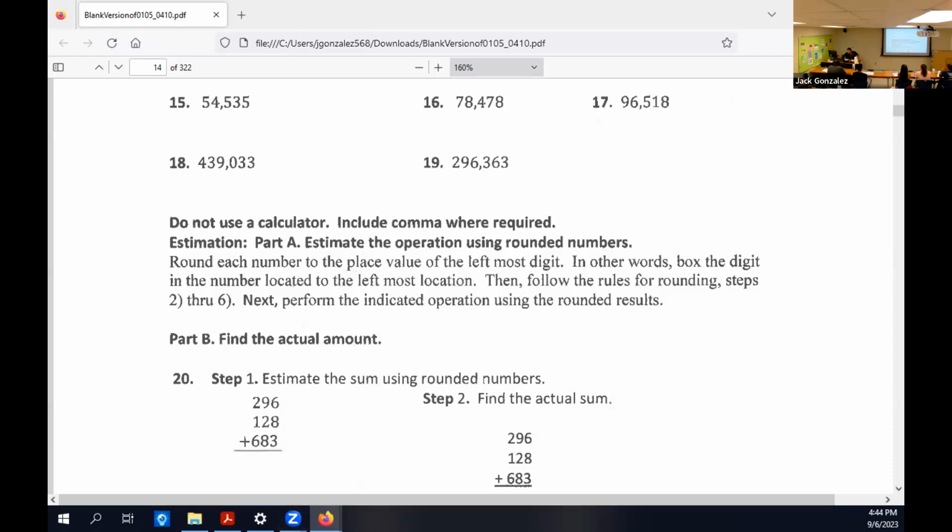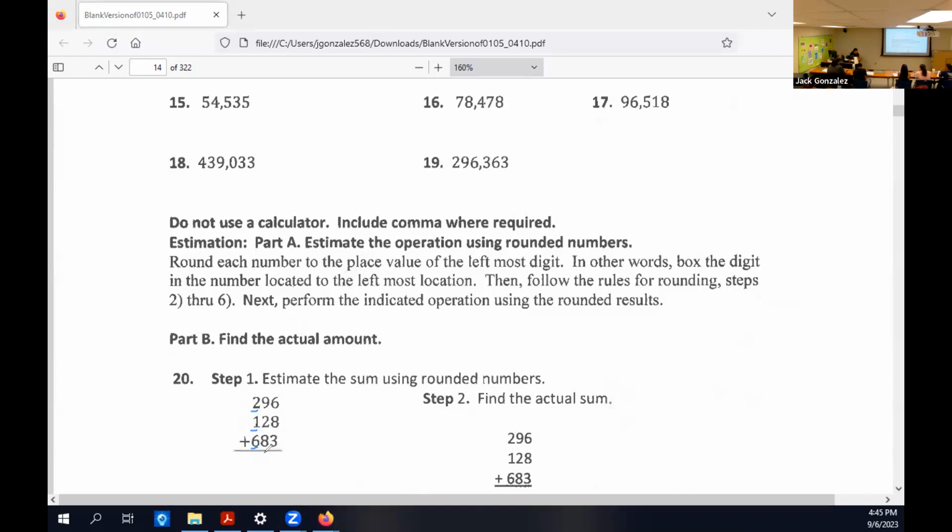where's my little pen at? You would do the 296 plus 128. Yeah, you're gonna add those up. So step 2 is the actual answer. Step 1 is using rounding.